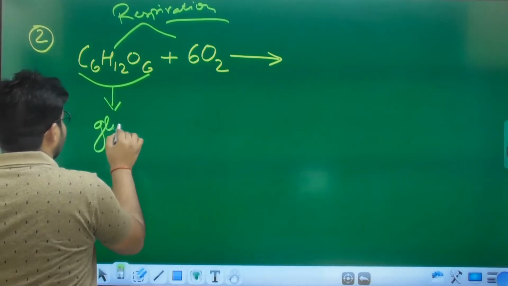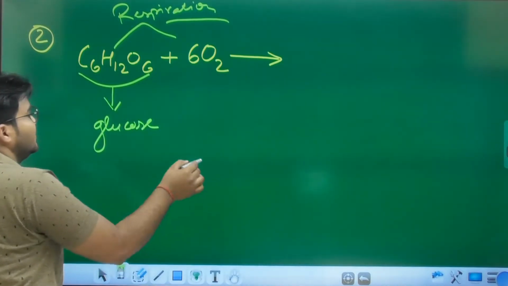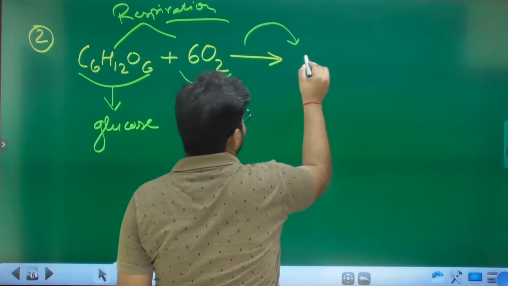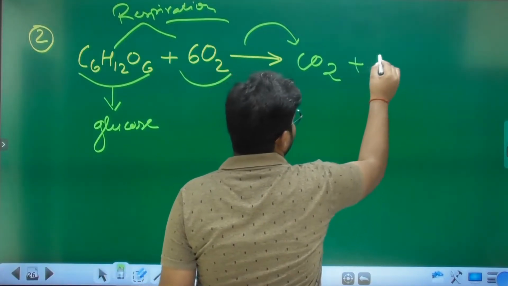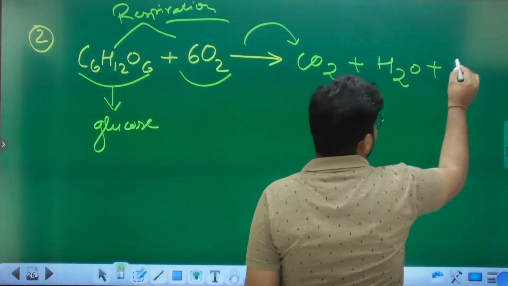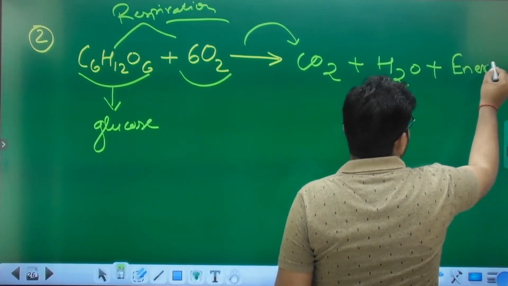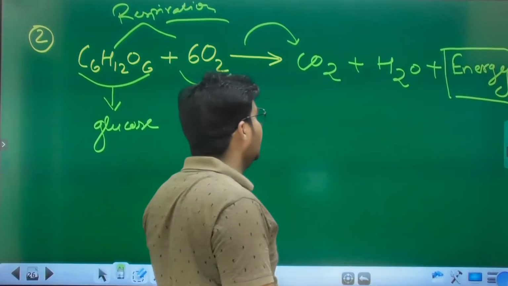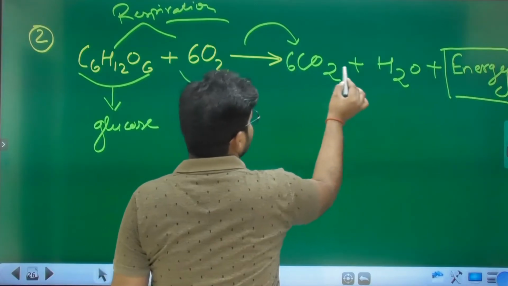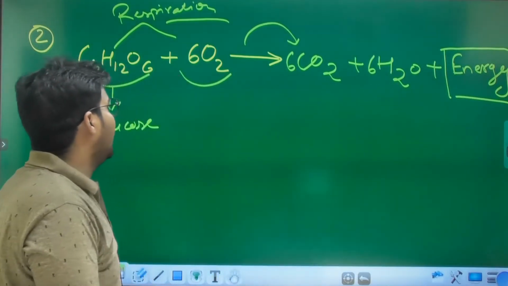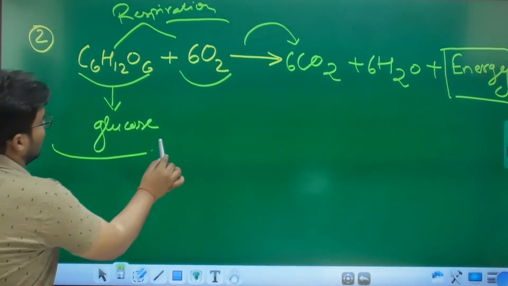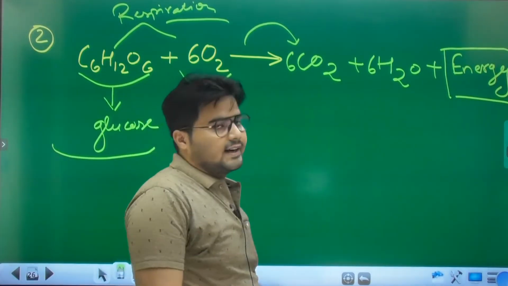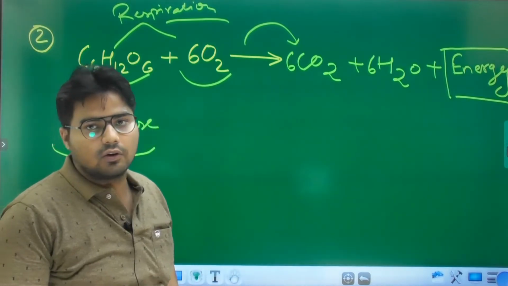Glucose combined with oxygen forms carbon dioxide plus water and energy for our daily routine. When balanced, it is 6CO2 and 6H2O.